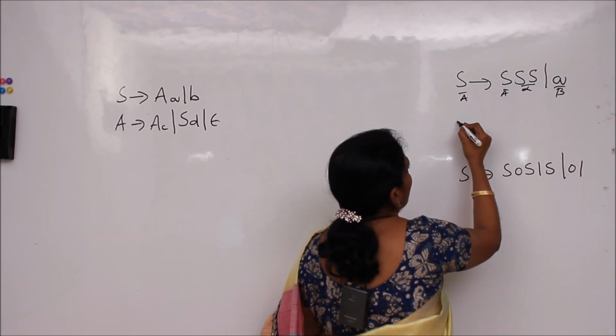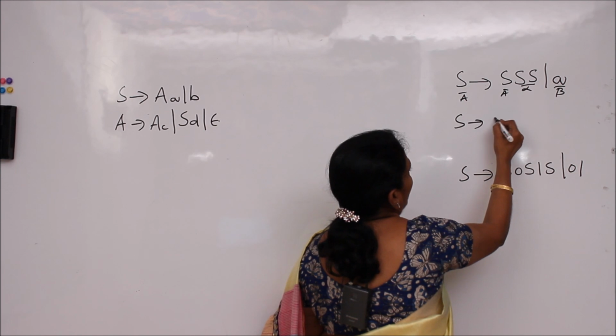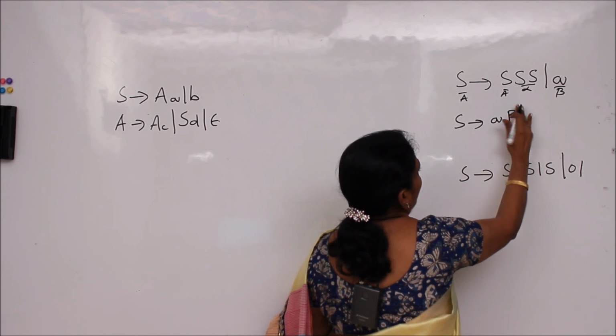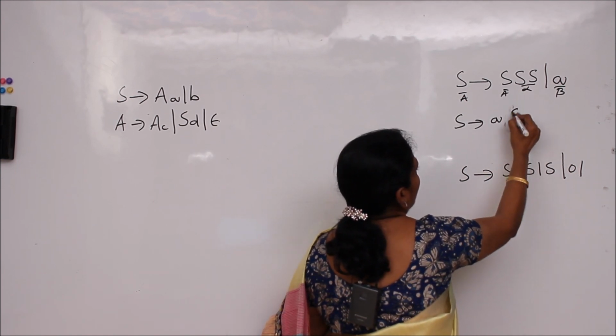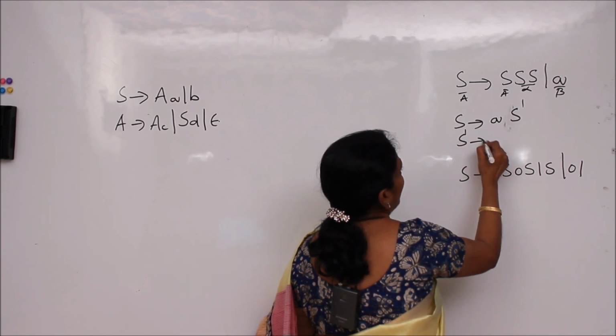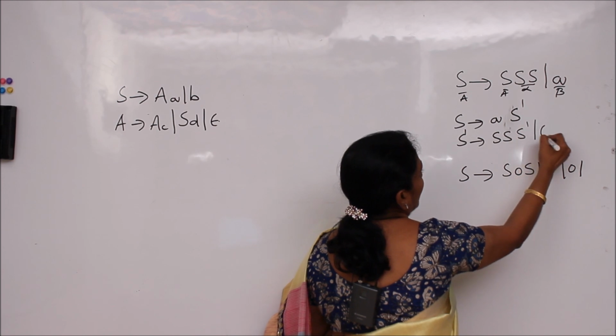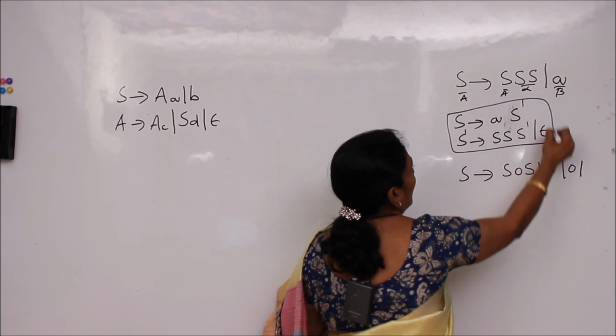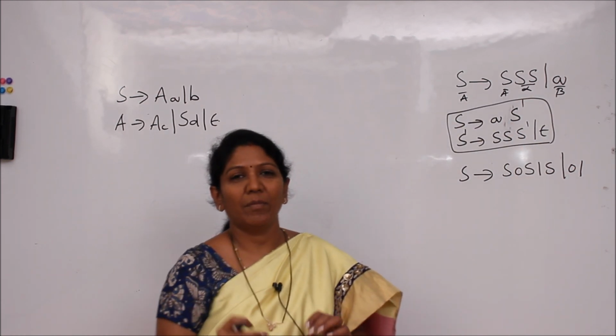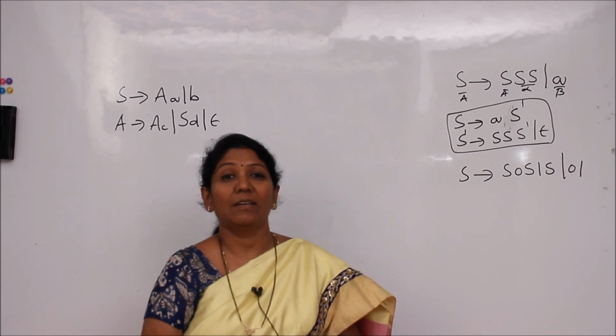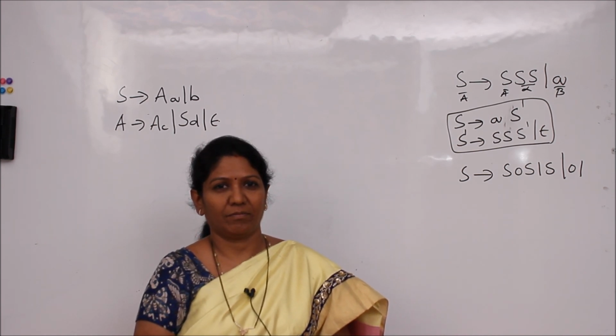So I will rewrite as A to beta A' and A' to alpha A' or epsilon. Look at this formula. This formula actually eliminates immediate left recursion.